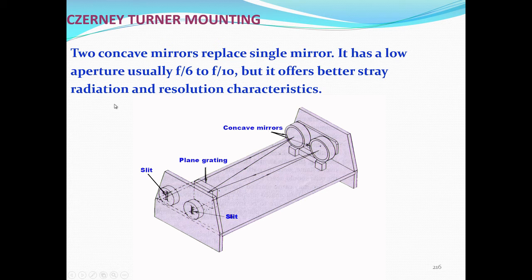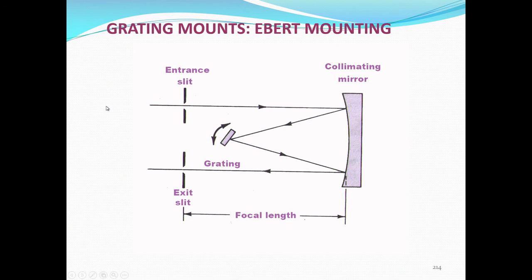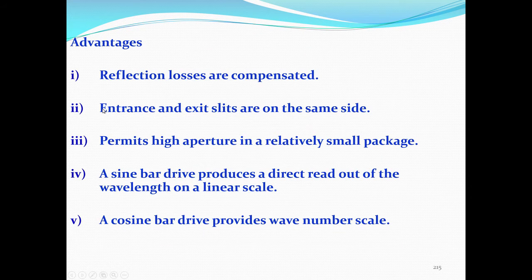So going back to the Ebert mounting, what we have here is the use of a single mirror and double mirror. That is the difference between the two sets I have shown you.